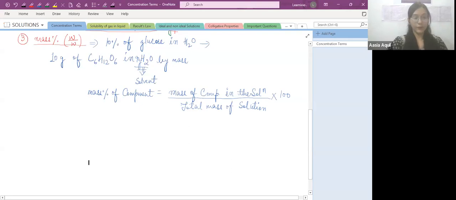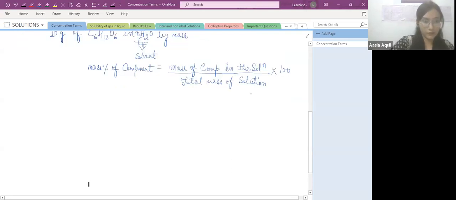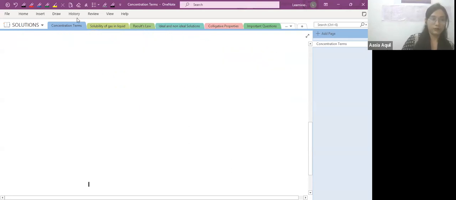Okay. Can we move ahead? Yes. Okay. So the fourth one is, just like the previous one, volume percent. That is volume upon volume. Simply I'm writing the formula.